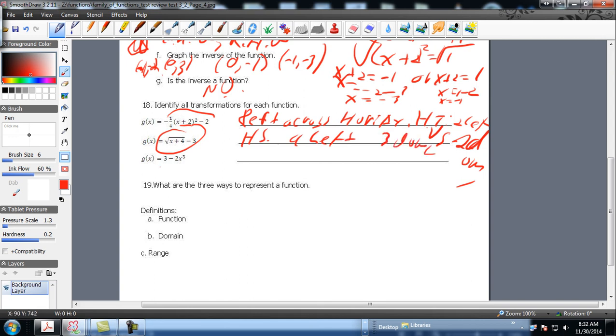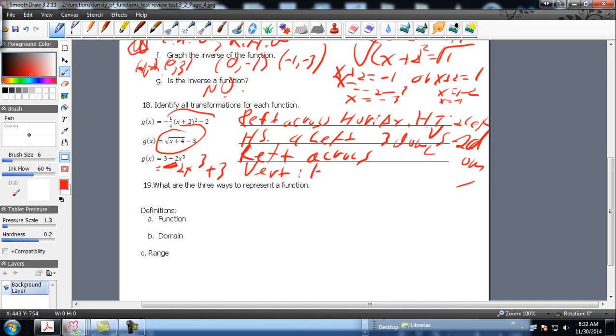Be careful. Put this in order. Minus 2x cubed, right, plus 3. That becomes a what? Reflection across x. That also becomes a vertical stretch because you're looking at the magnitude, not the negative sign, just the number.